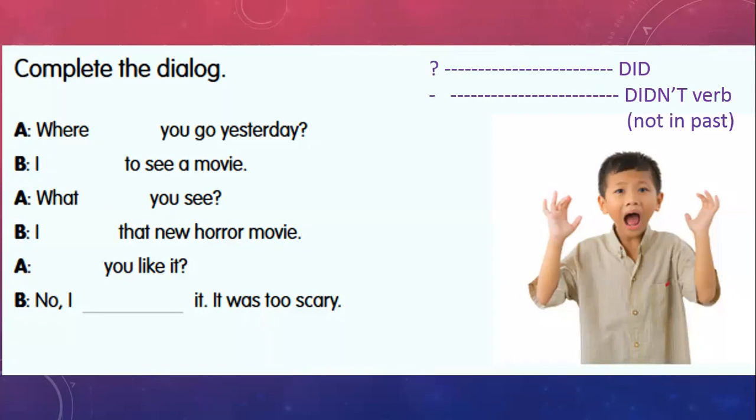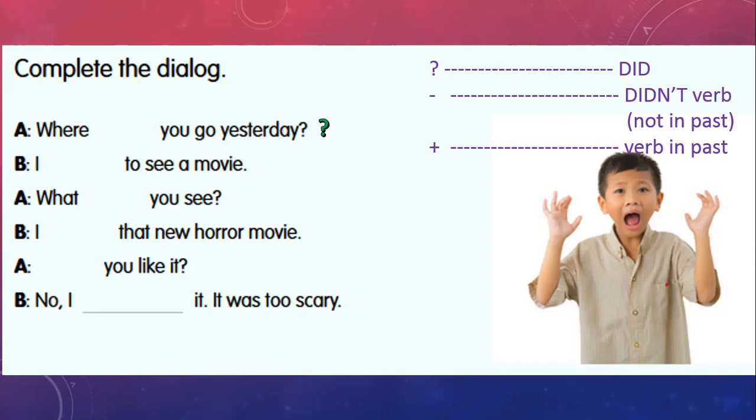This is not negative, but remember, when you have a negative, you have to put didn't with the verb not in past. If you have a sentence in positive, and that's what we have in letter B, we use the verb in past. Don't forget. So let's go back to letter A.